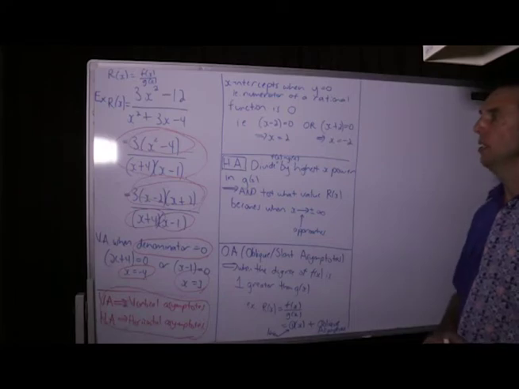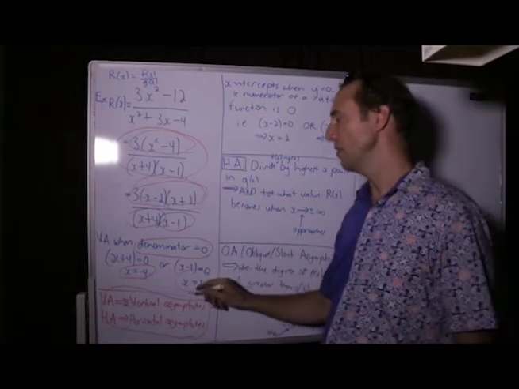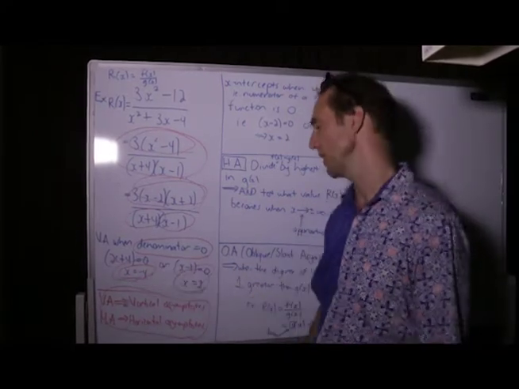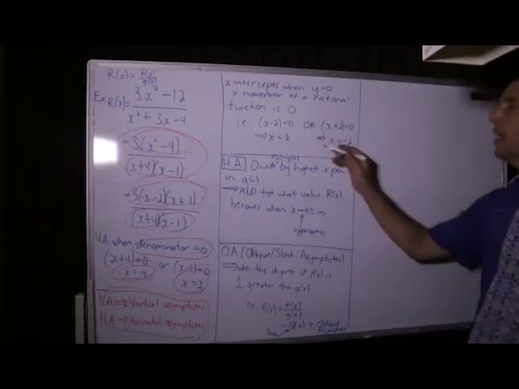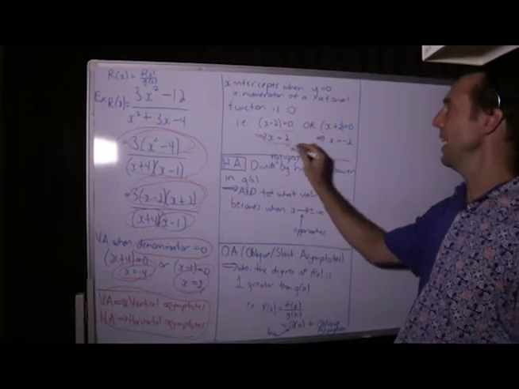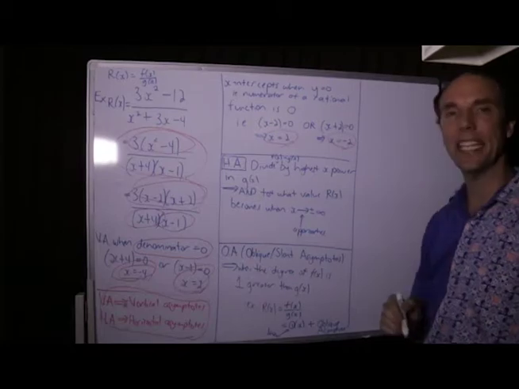Okay. So we've got our vertical asymptotes, x equals -4 and x equals 1. We have our x-intercepts, x equals 2 and x equals -2.